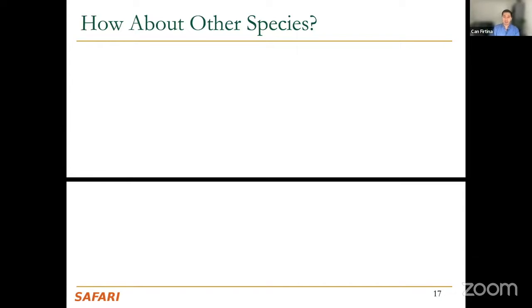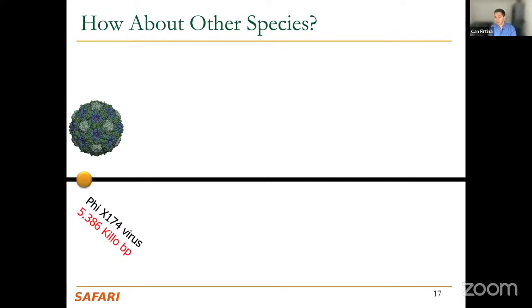So we keep talking about the human reference genome, but let's also consider, to put a comparison, other genomes. For example, we can start with the viral genomes, right? Viral genomes are usually the smallest, they contain the smallest genomes in terms of the number of bases that they contain.